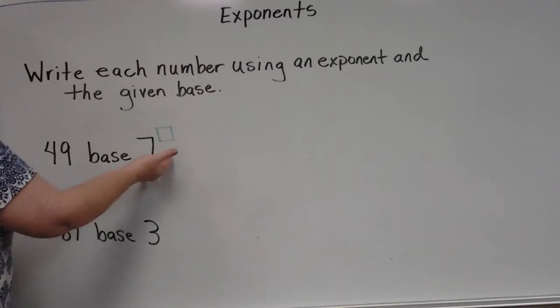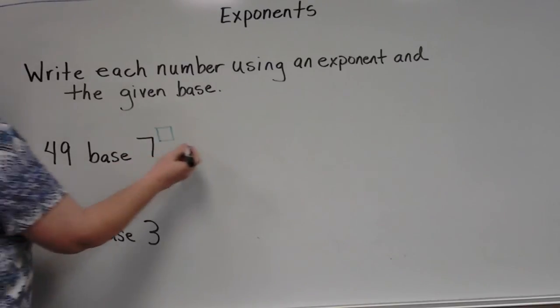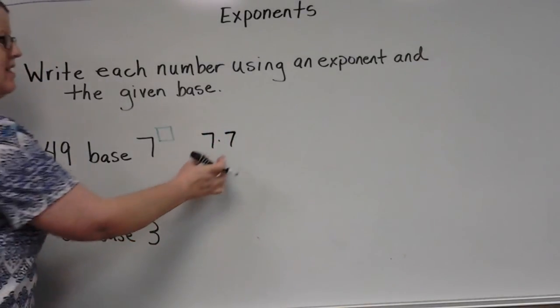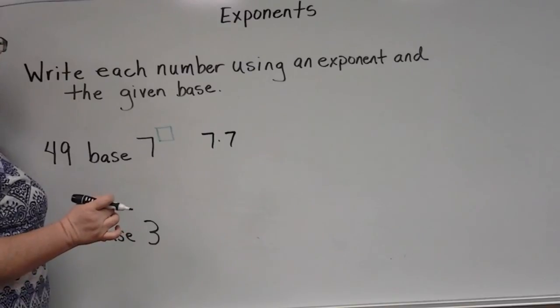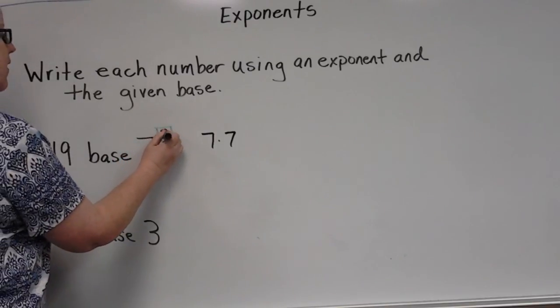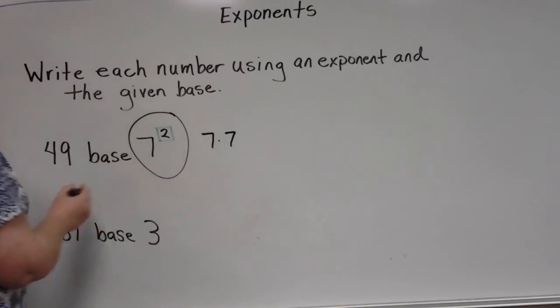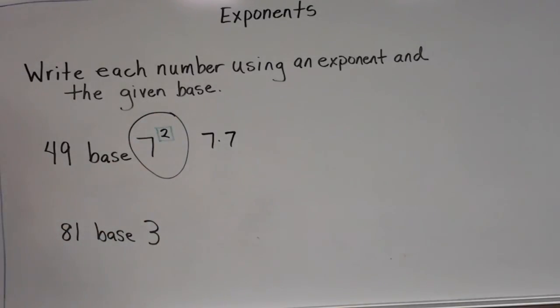There it is. So, 7 times 7, what exponent do I need for 7 times 7? How many times am I writing down the 7? 2. So that's the answer. This would be the answer if this was the problem in your book. They give you the 49, that's what they want it to equal. They tell you use the base of 7, you're looking for the exponent.